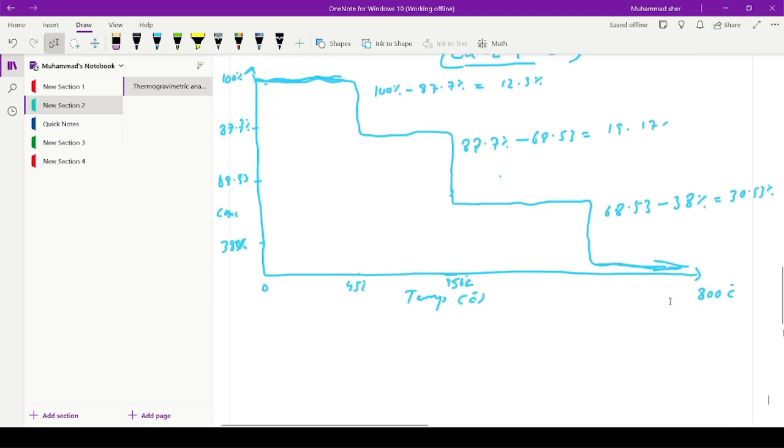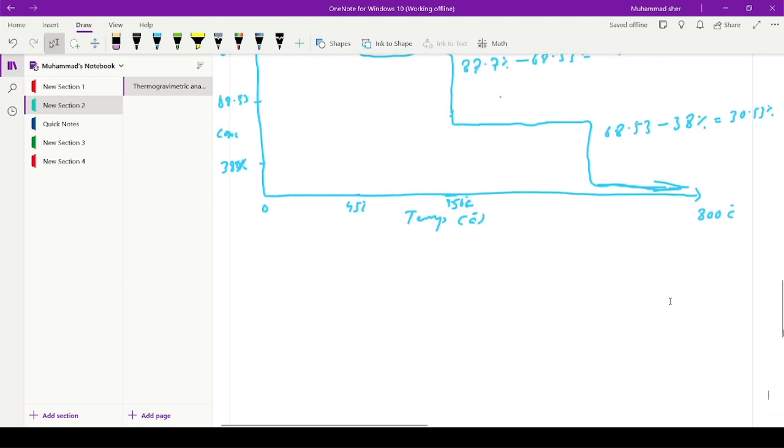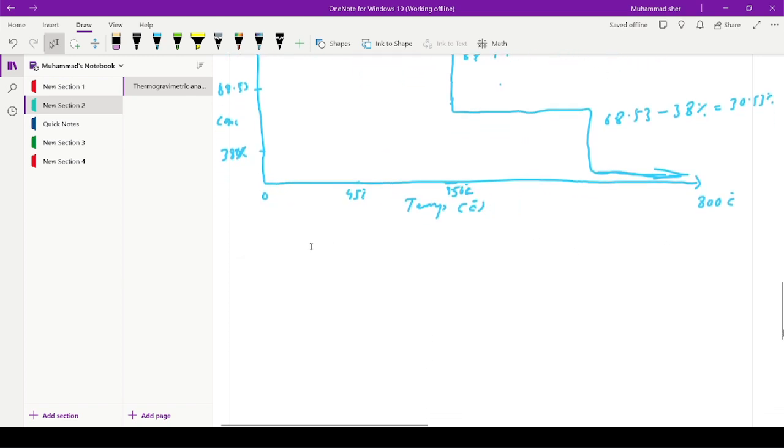As we have now calculated these in percentage, we need to convert them into numbers. To do that, we divide each obtained percentage value by 100. For example, at the first stage we obtained 12.3%, and dividing by 100 gives 0.123.